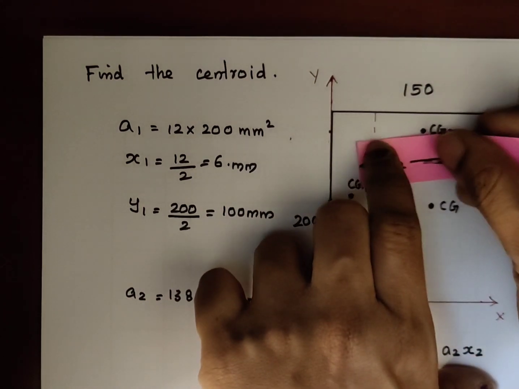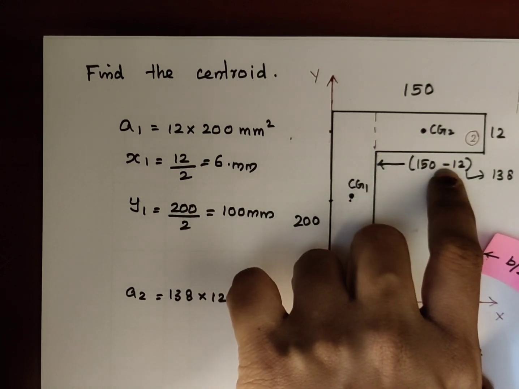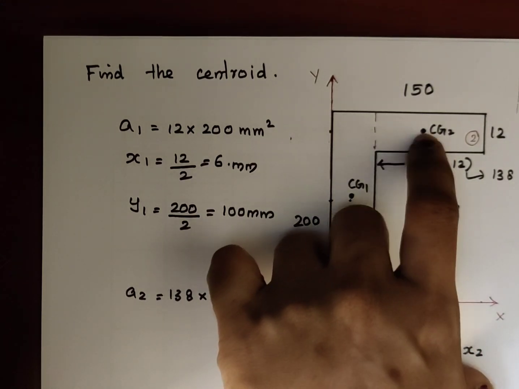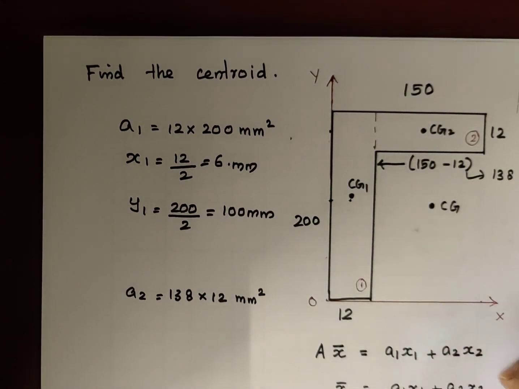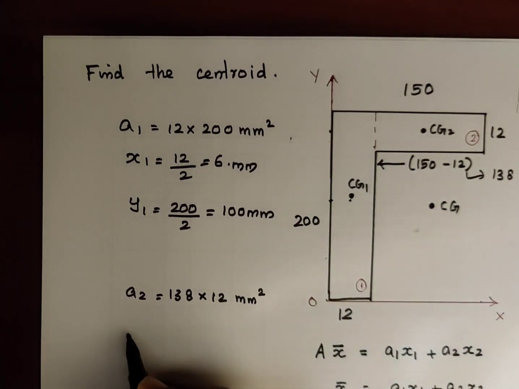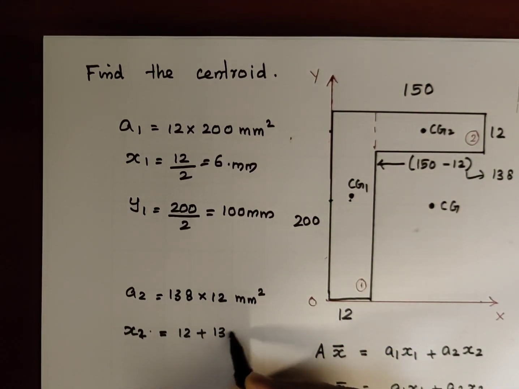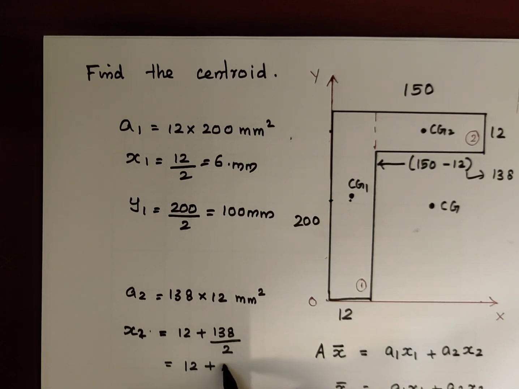Here the centroid is located at a distance half of this 138, that is, this length is equal to 138 by 2, plus you have to add this length. So x2 is equal to 12 plus 138 by 2, so 12 plus 69, that is equal to 81 millimeter.